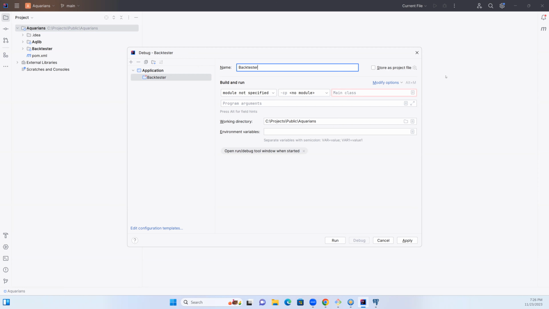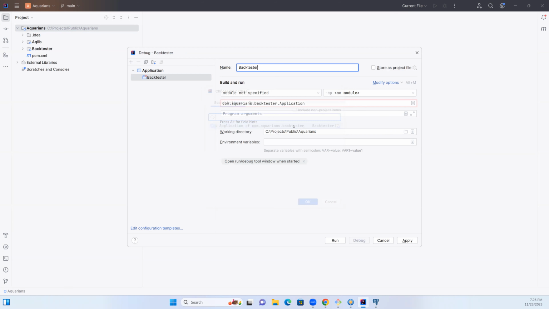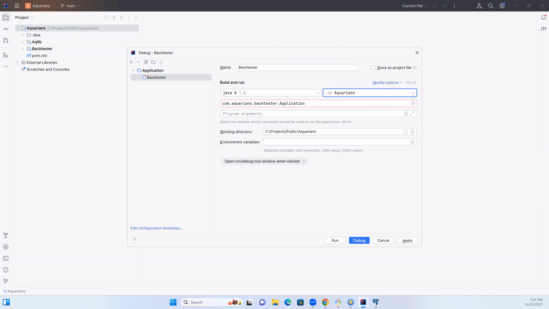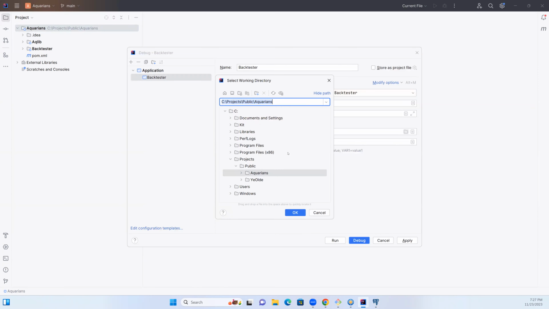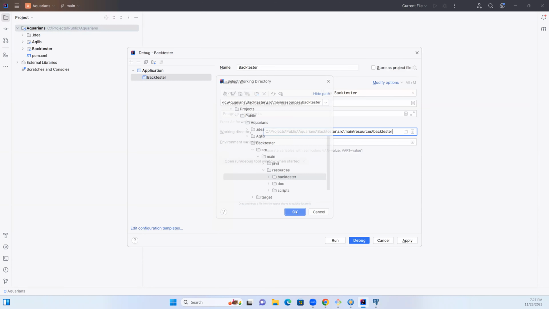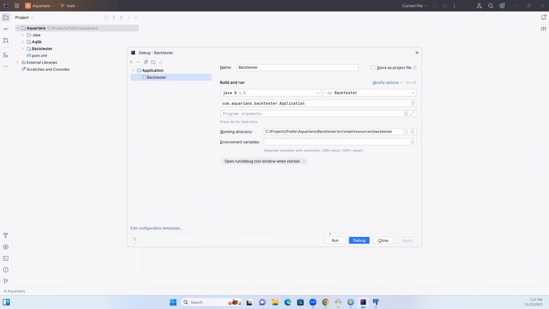Main class, it's application, module 1.8, class path of module backtester, no program arguments, and this is important, the working directory should be under backtester source resources. So here, backtester here, apply.